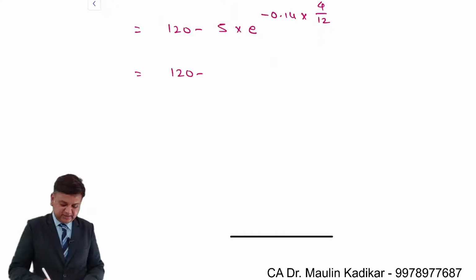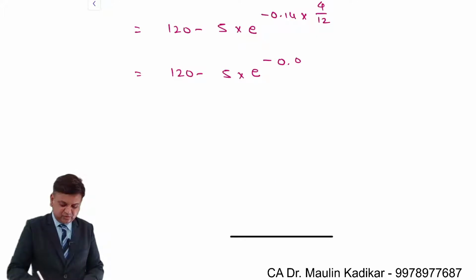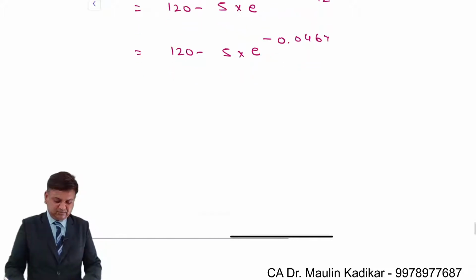So 120 minus 5 into e raised to negative 0.0467. This is the way we have the factor.